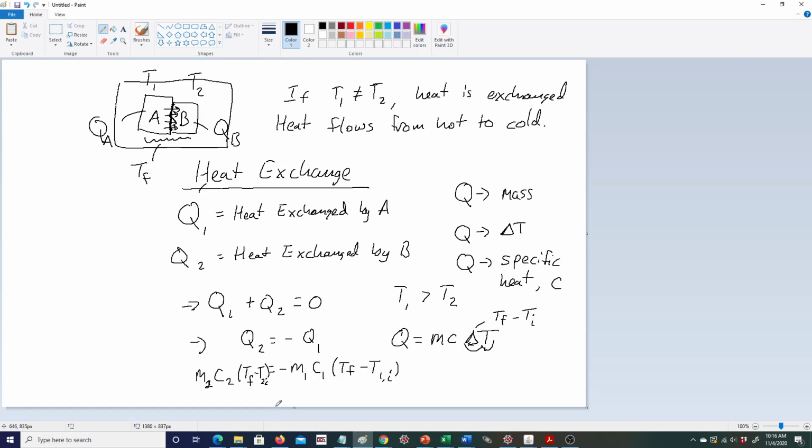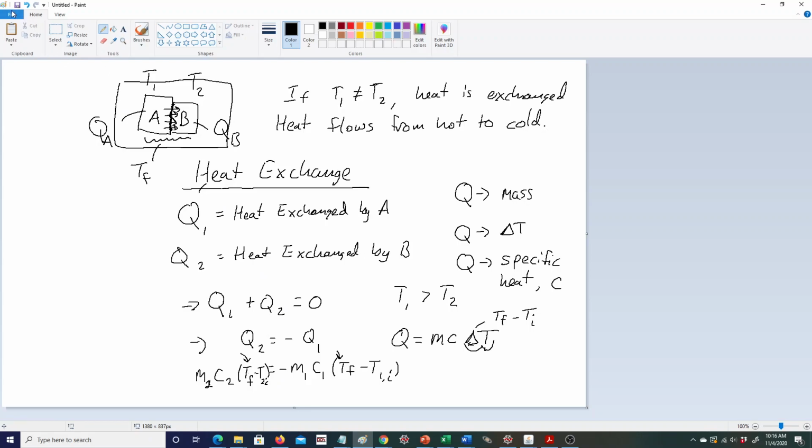So, in this particular example, the classical problem here is to solve this equation for TF. I want to know what the final temperature is if I know the initial masses, the specific heats, and the initial temperatures of both objects.